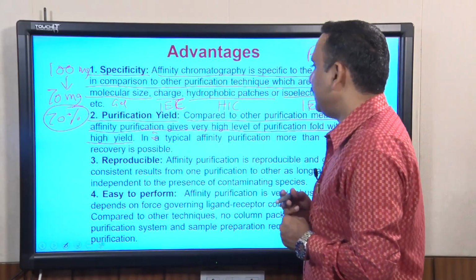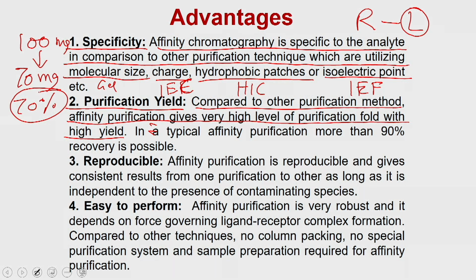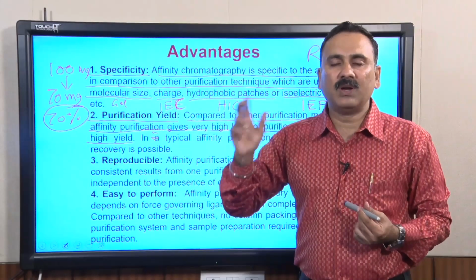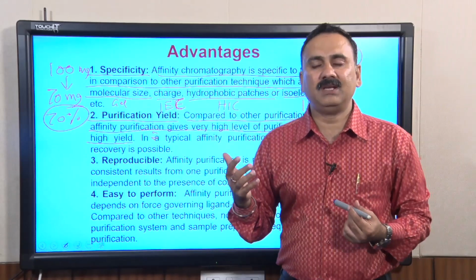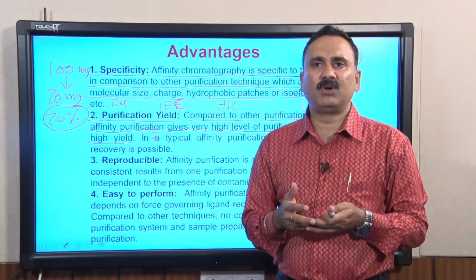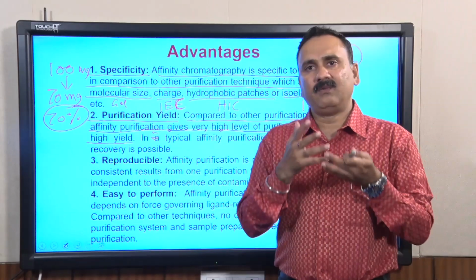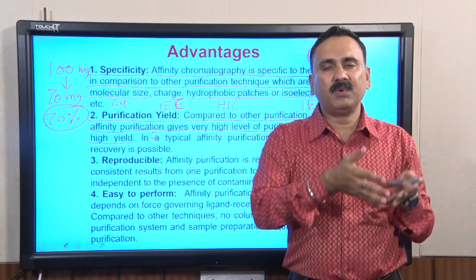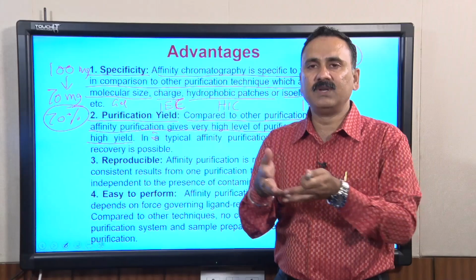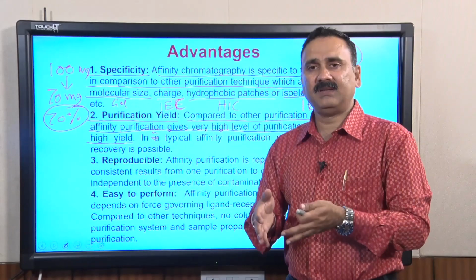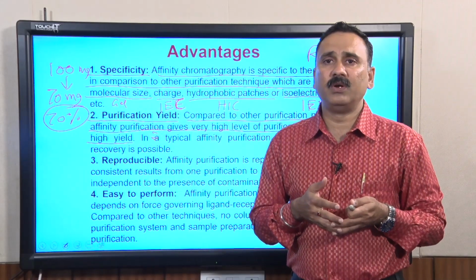So, that is why the yield is very high, which means even if you have a very small amount of protein, because the yield is very high, you are going to have very few losses in the purification protocols. For example, if you use ion exchange chromatography, when you put the elution, the protein of your interest as well as the impurities are going to be removed, and then you have to choose the fractions where the impurities are less and your protein is more.